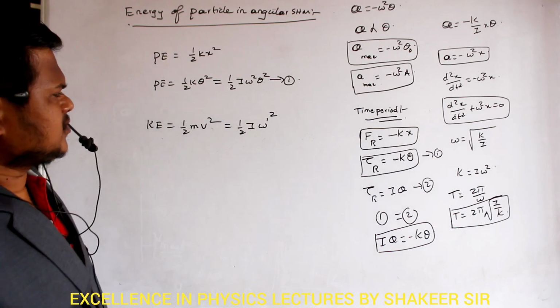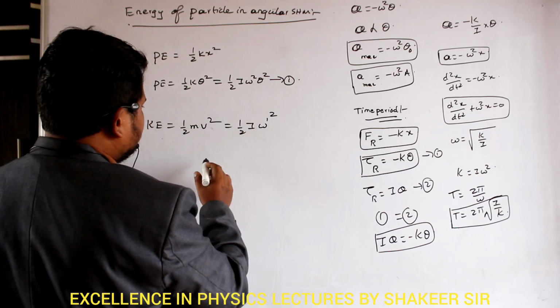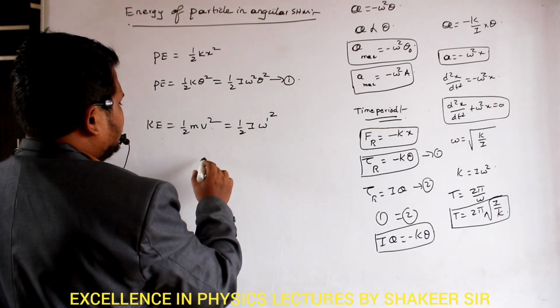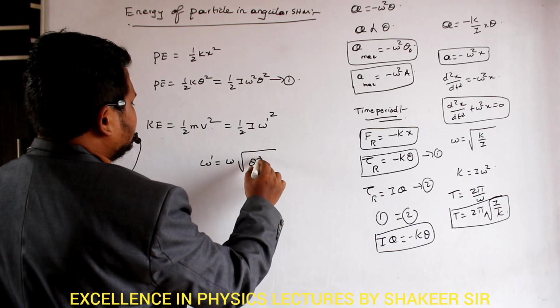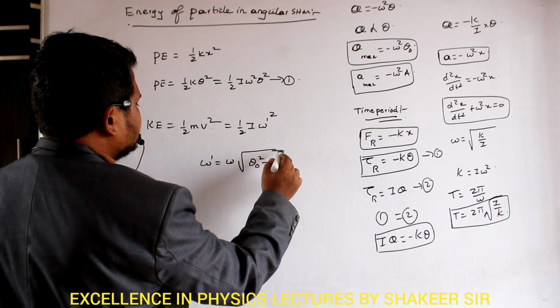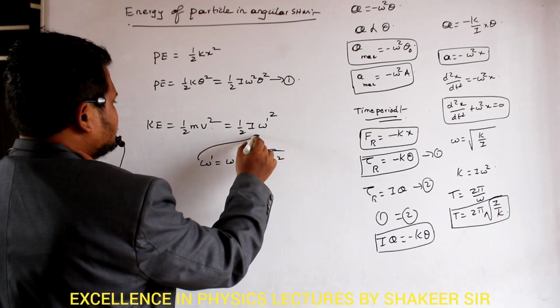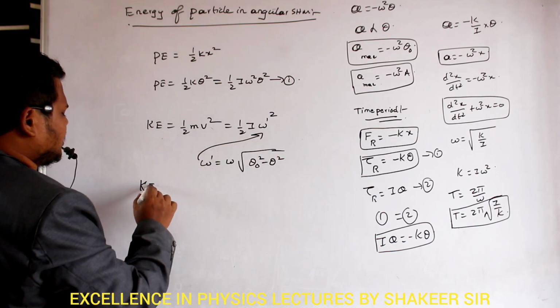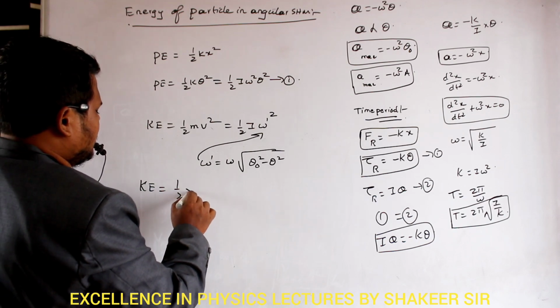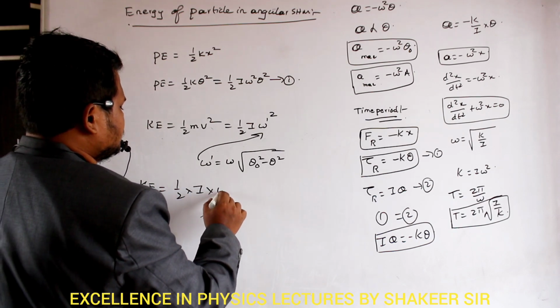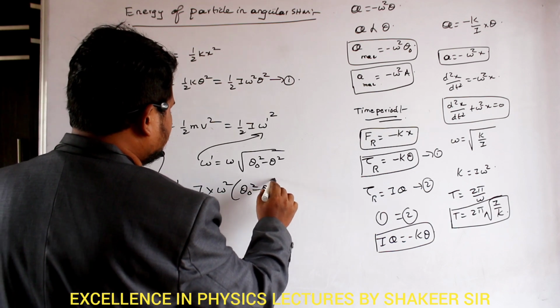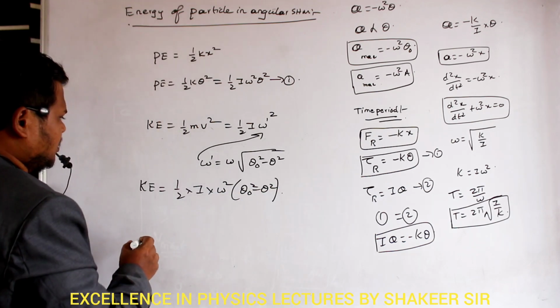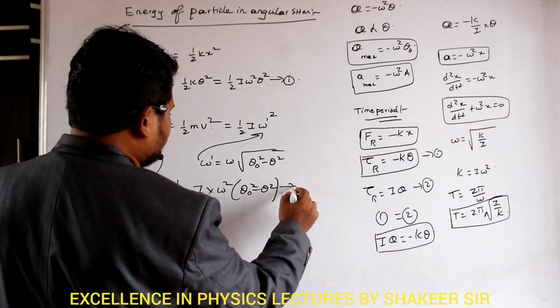Already we have written a relation previously: omega dash is equal to omega into square root of theta naught square minus theta square. Just substitute in this relation. Therefore, kinetic energy is equal to half into I into omega square into theta naught square minus theta square. This is the relation which we get. Let it be our equation number 2.